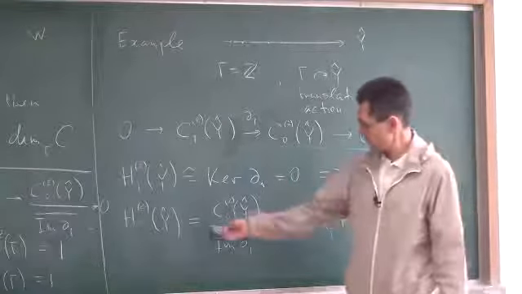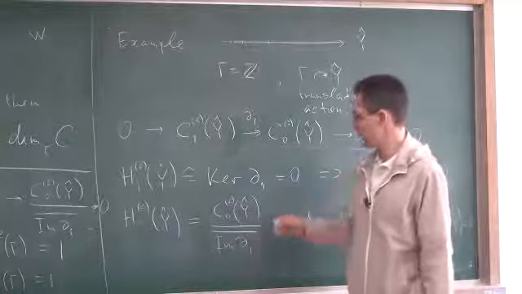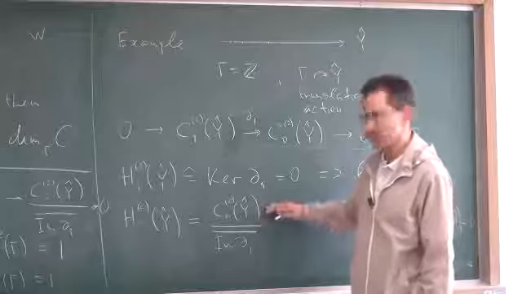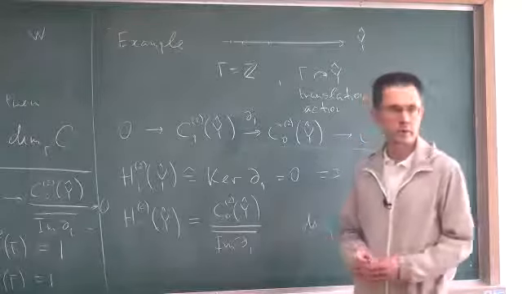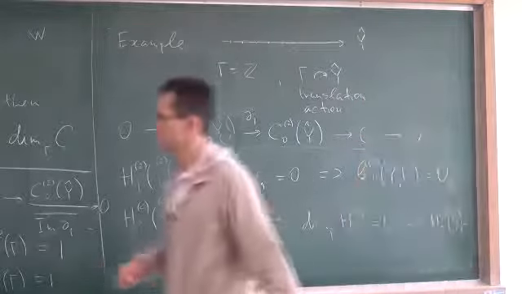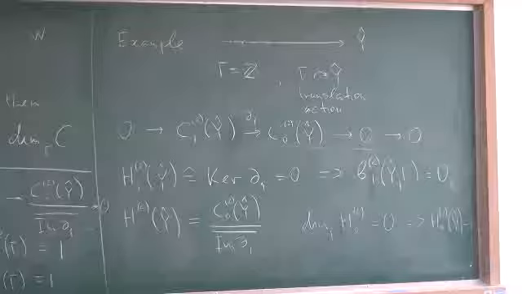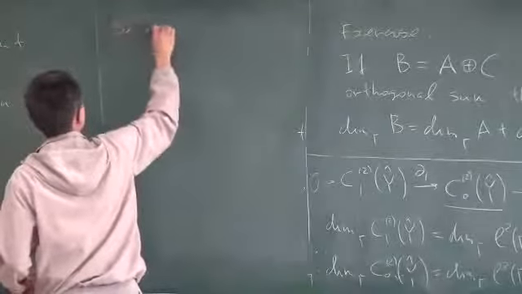Let's actually prove this directly. That's also a very good exercise. Let's show that the closure of the image is indeed the whole space of zero-dimensional chains. The second proof.